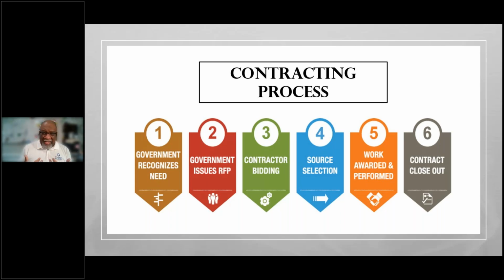Industry bids. The government does some level of source selection. The work is awarded and performed, and then there's a contract closeout and possibly a do-it-all-over-again cycle if the need is still available. So while the cheese is moving, the contracting process is still the same.